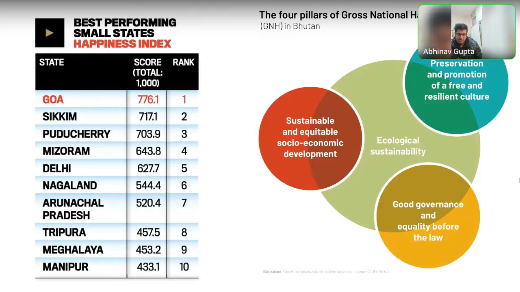When we look at the data for India, barring Delhi, all cities that we see in the top 10 in the happiness index are Goa, Sikkim, Pondicherry, Mizoram, Nagaland, which are all either ocean cities or cities with hills. So basically, a common factor driving this is the presence of being around nature.